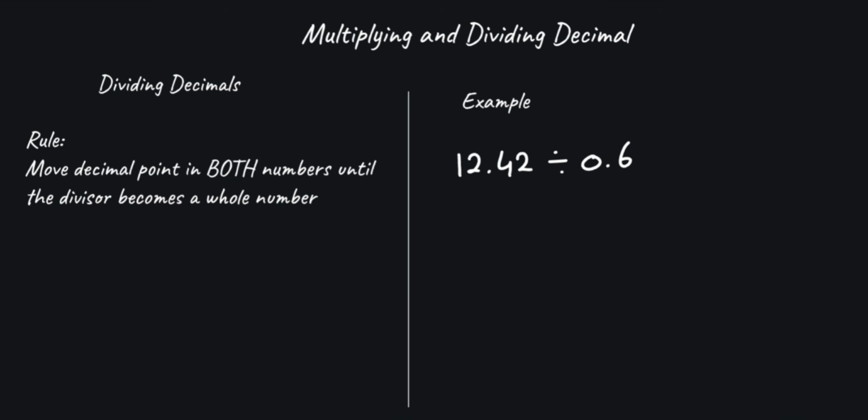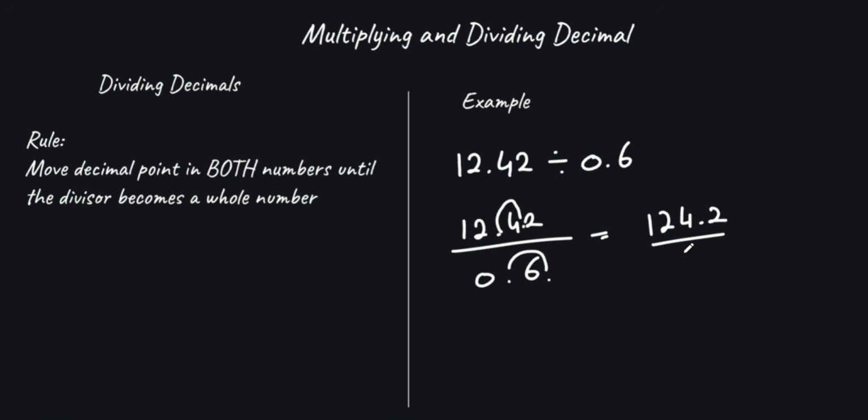Here's another example. 12.42 divided by 0.6. So let's do the same thing. Well, we're going to move the decimal point once. This makes the divisor, your denominator, a whole number. So we'll move that one once as well. So now we have 124.2 divided by 6.